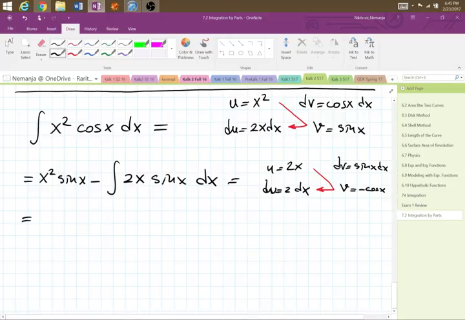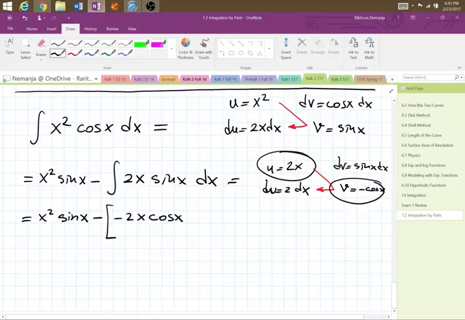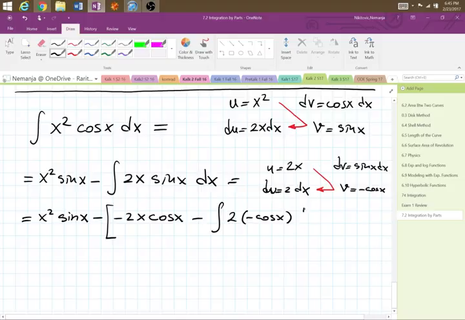So it equals x squared sine x minus, and now I have to use the bracket because I'll have another subtraction in there, so I just want to make sure my signs are all good. I have negative 2x cosine x, right? That's when I multiply this with this as a uv, minus the integral of 2 times negative cosine x dx.